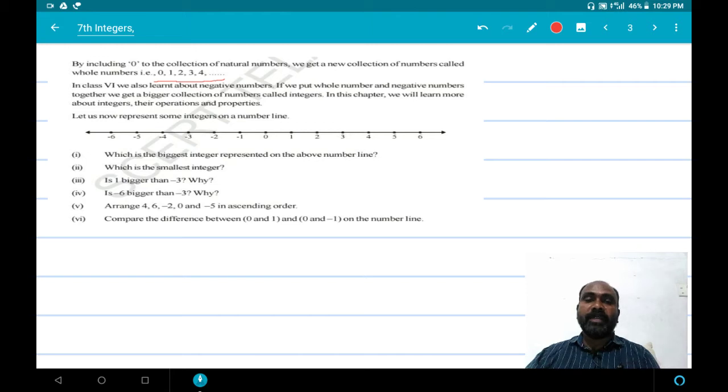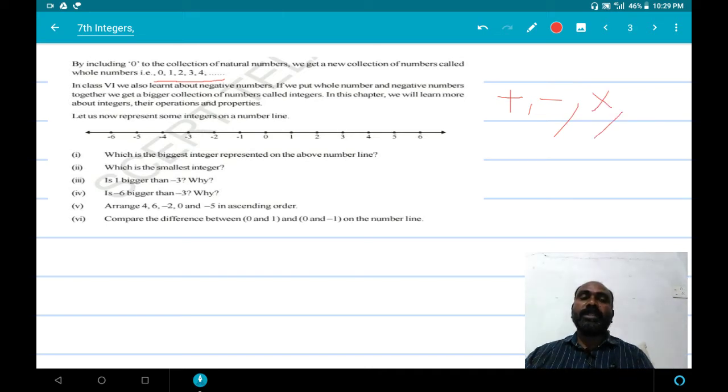In this chapter, we will learn more about integers, their operations and properties. Operations means fundamental operations: addition, subtraction, multiplication, division. Okay.